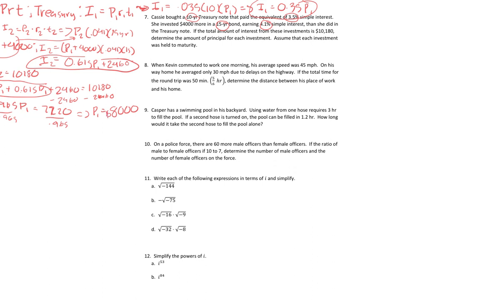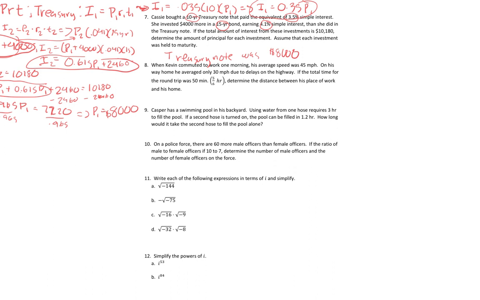And now we said this was the principal amount for our treasury, right? So we'll say treasury amount, or treasury note, was $8,000. And we can come back to our P2 expression, right? Because we had P2 is equal to P1 plus 4,000.